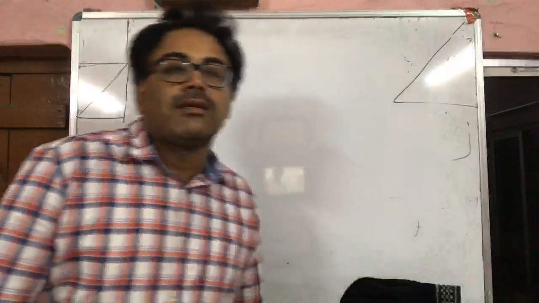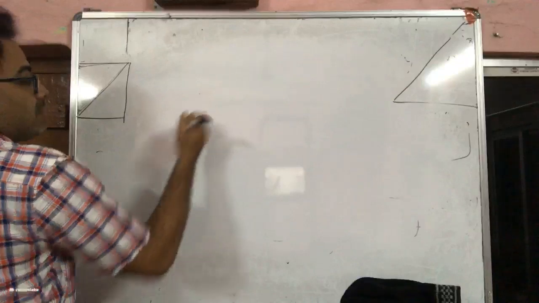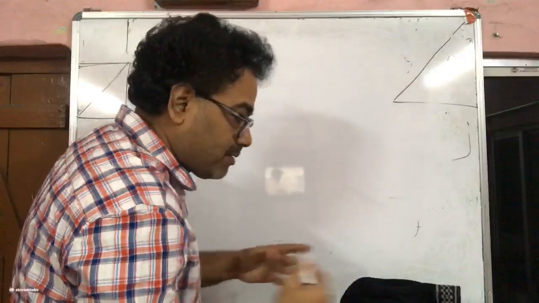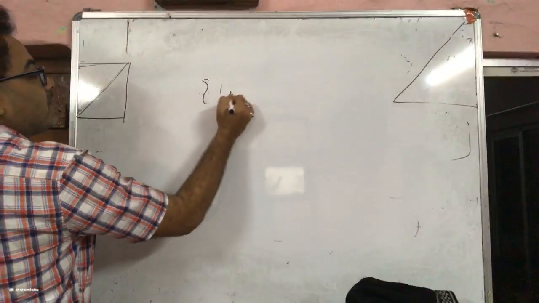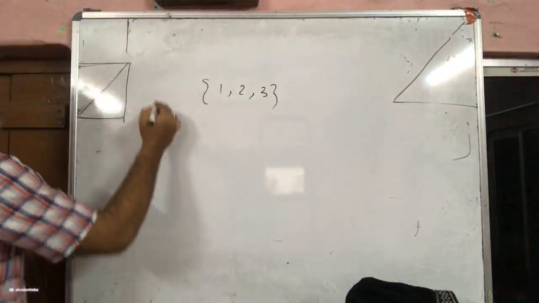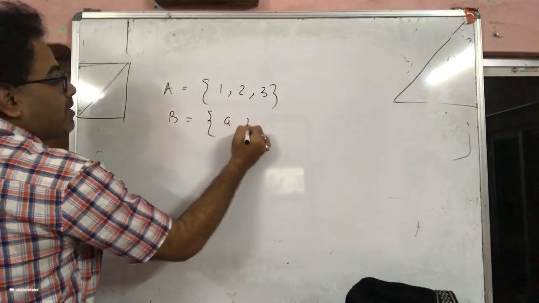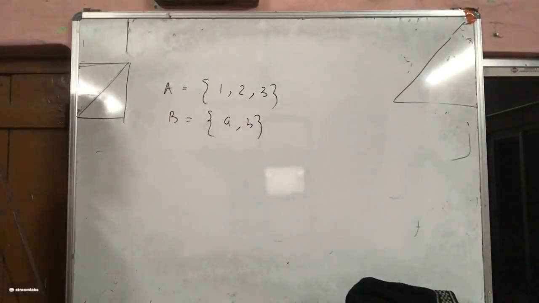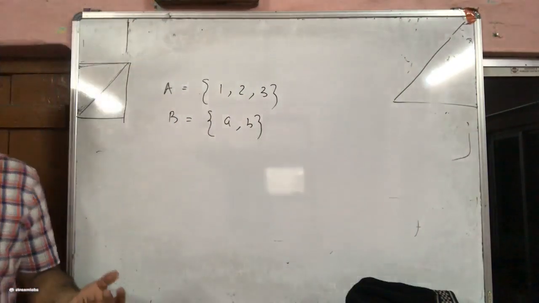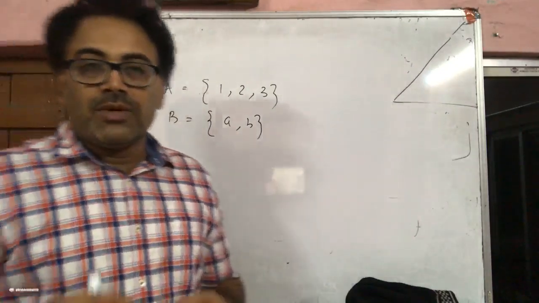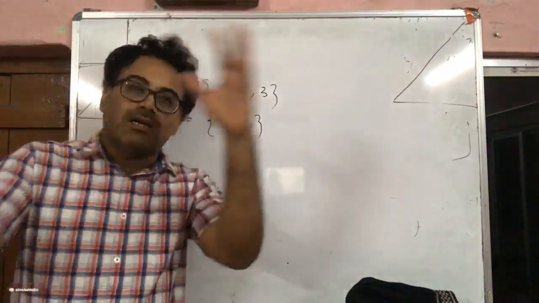For example, I am trying to connect 1 to 3, a set A and B. So as per the introduction, today I am going to connect the elements of a set with the elements of the other set.